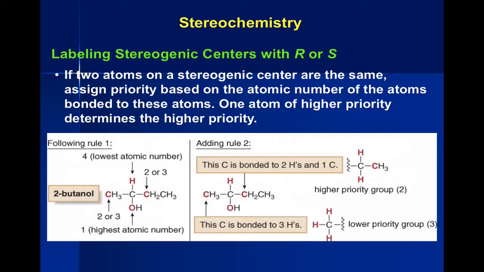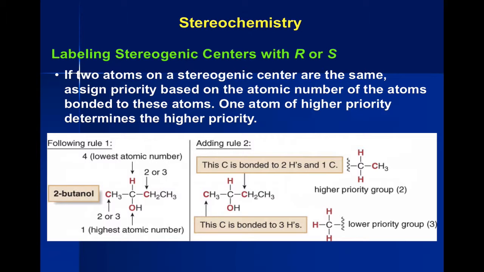Well, I can make 2 decisions. I know that hydrogen has to be my lowest priority because there's nothing smaller than hydrogen, right? And I know that my highest of these is going to be oxygen because that has the highest atomic number. Now I have to decide between the methyl group and the ethyl group. How do I make that decision?